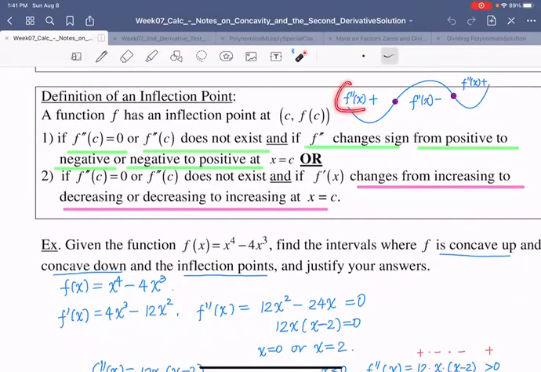If you don't want to calculate the sign of the second derivative, you can also check if your first derivative changes from increasing to decreasing or decreasing to increasing. You can use the first derivative, increasing and decreasing, to check if you have an inflection point.